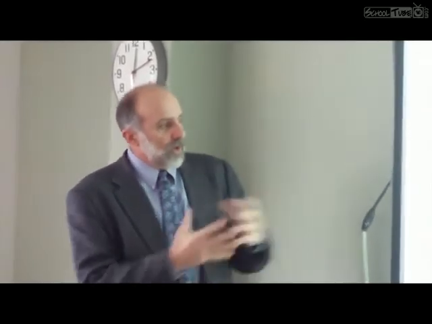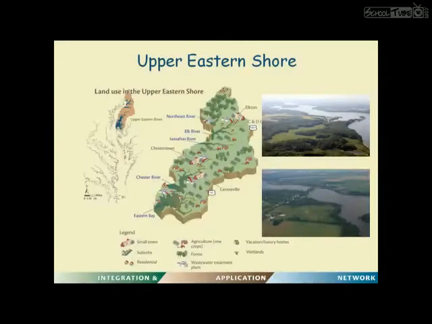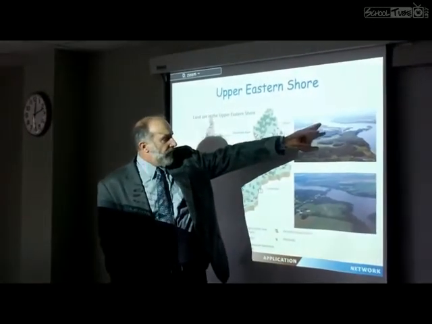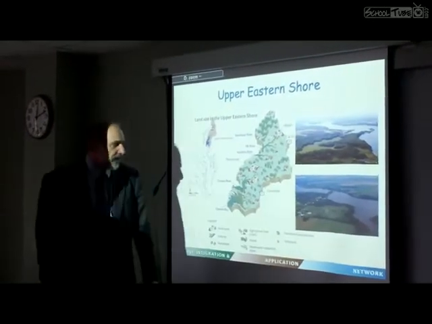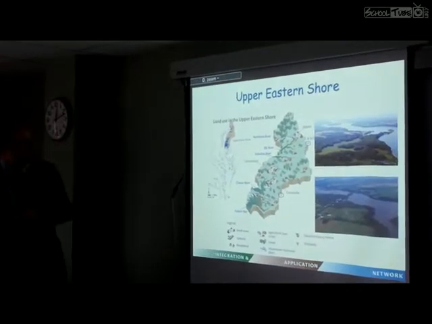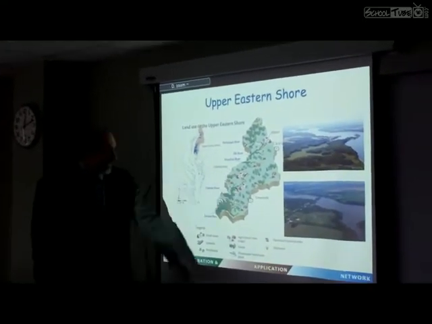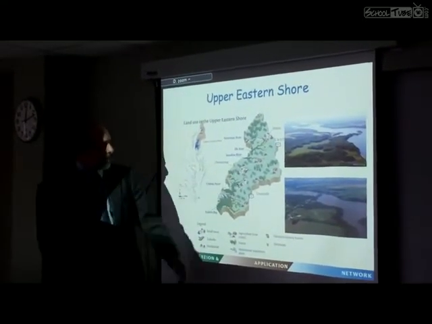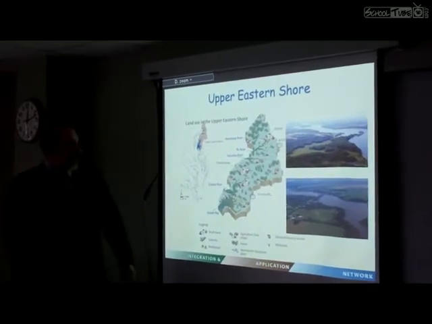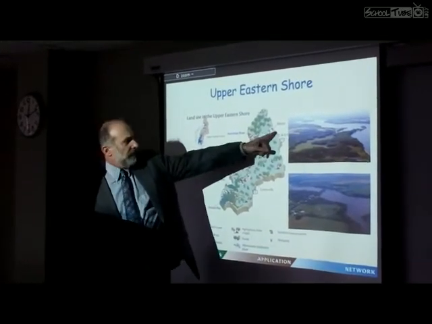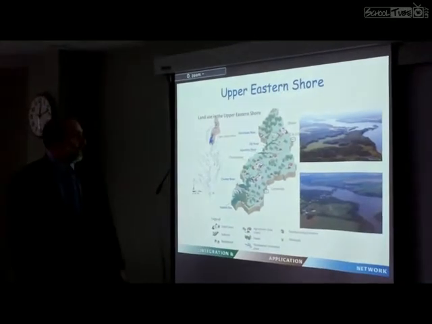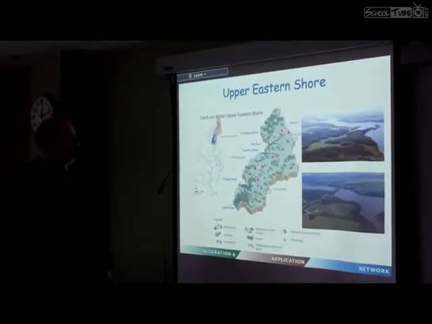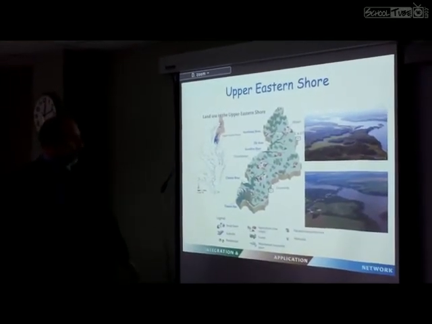Let's have a look at what the Upper Eastern Shore watershed is doing, and it's very rural. This is an aerial photo of the Sassafras River, and down here is an aerial photo of the Chester River. There are a couple of towns, Centerville and Chestertown, but relatively small towns, up into Delaware and in the far northeast corner.